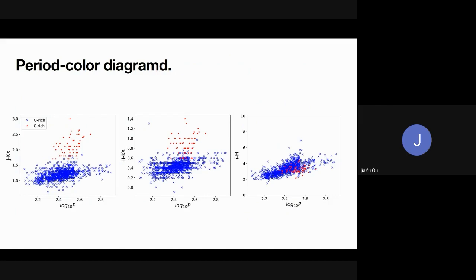Yeah, so when we get the magnitudes of GRI, we also compare with the near infrared data. So we can see the period with the color in near infrared to the optical band.